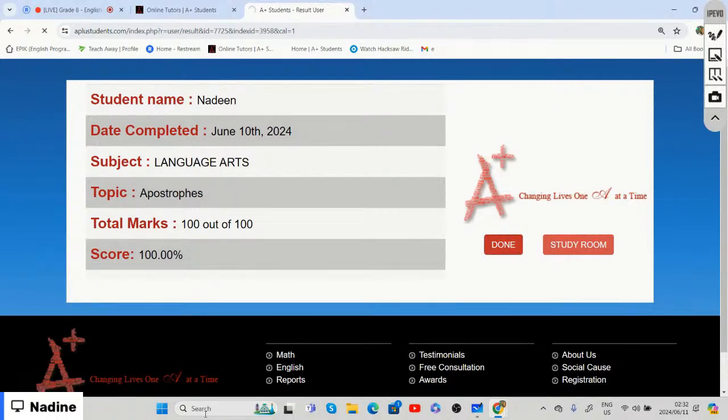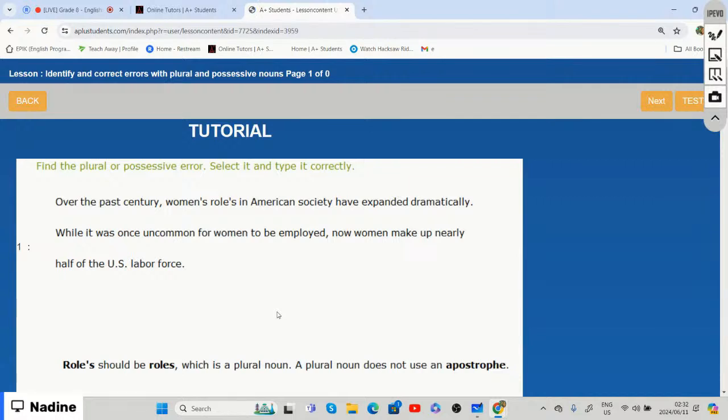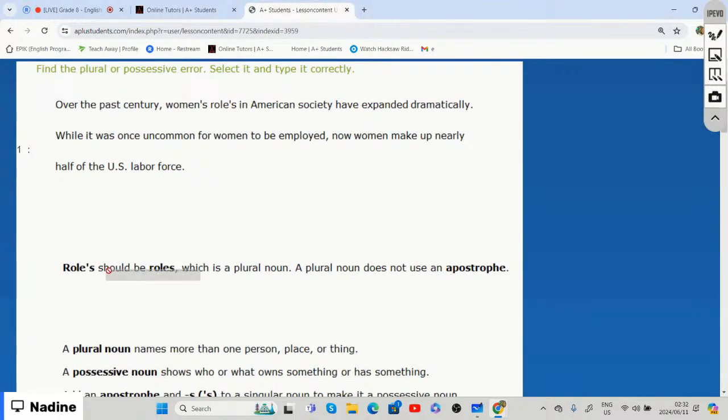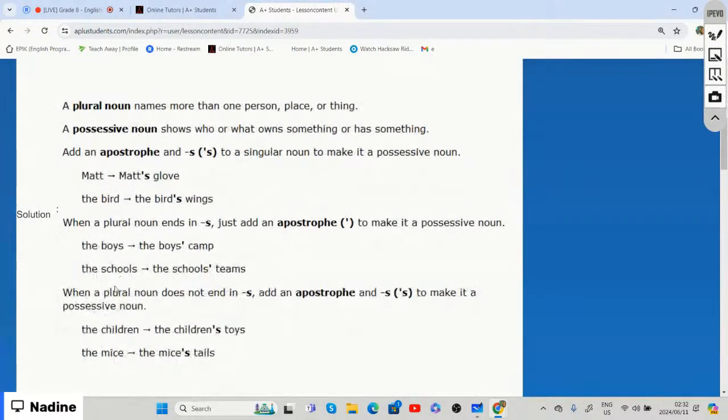All right, so now let's go to the second one, which is to identify and correct errors in possessive nouns, right? So a plural noun names more than one person, more than one place, or more than one thing, right? A possessive noun again shows who or what owns something, or who has something.